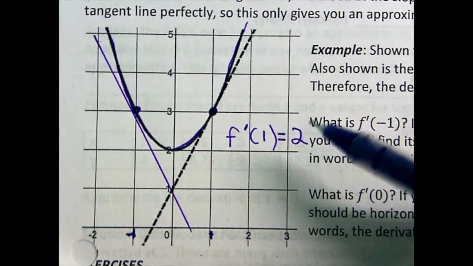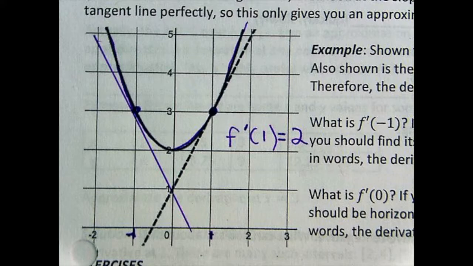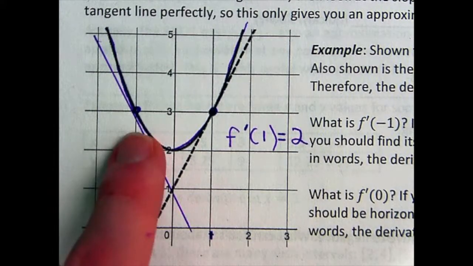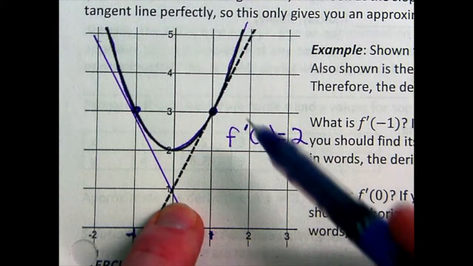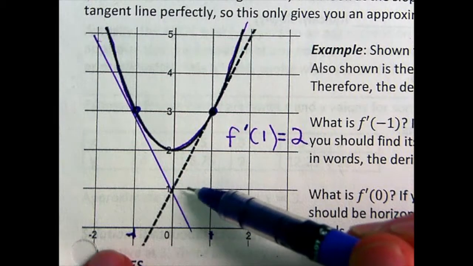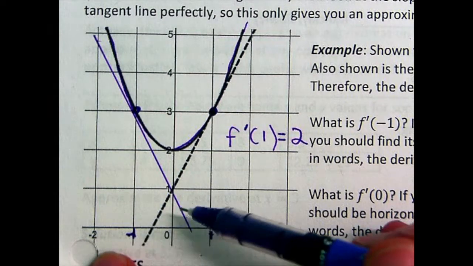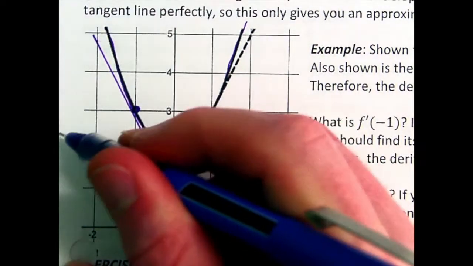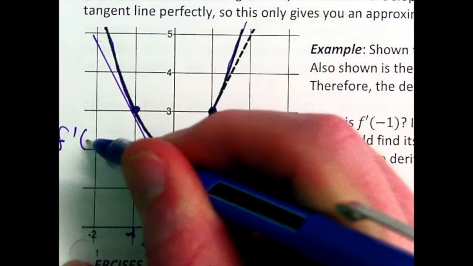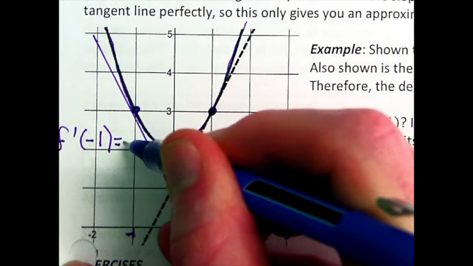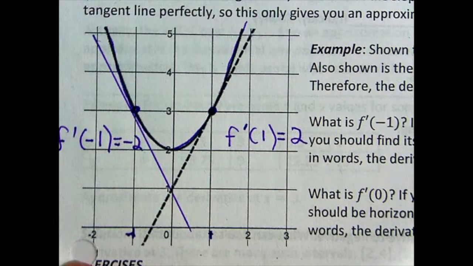Yeah, that looks pretty good. What is the slope of that line? It looks like it's -2, down 2 over 1. So the derivative of this function at -1 is -2. In symbols, I would write f prime of -1 is equal to -2.